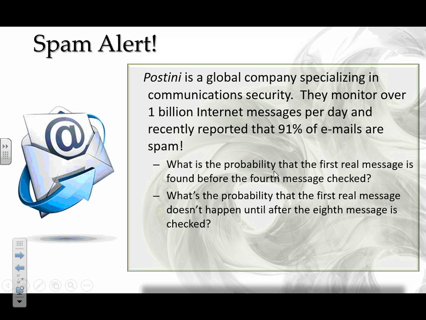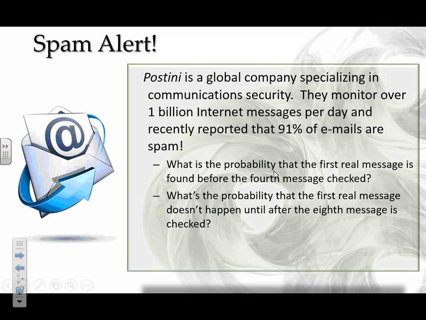The other thing we could do is, if we think about this from a different perspective, if I'm not finding the first real message until after the 8th message is checked, what does that mean has happened for the first 8 messages? I have failed. Now, do I know when I'm going to hit a first success after that? No. I don't care. All I need to make sure is that I've made it 8 messages of fails before I find a real one, right?